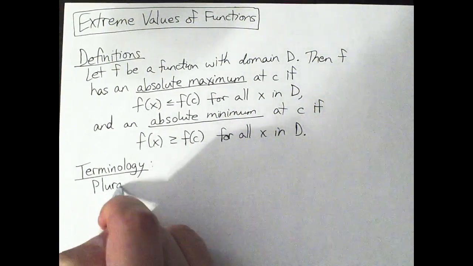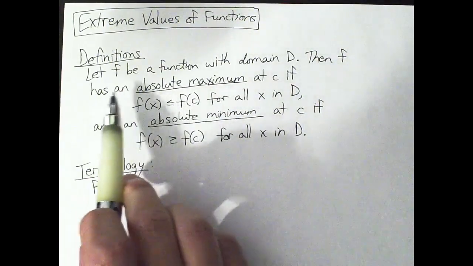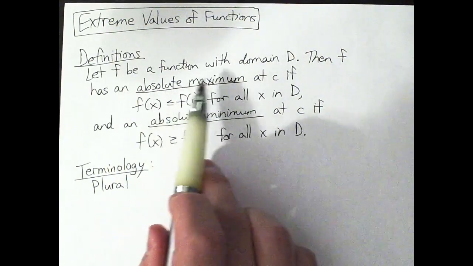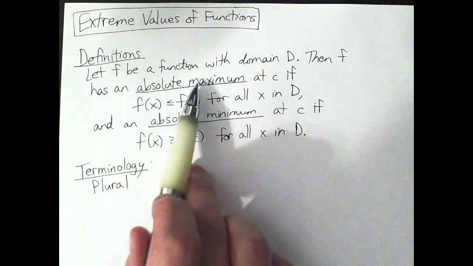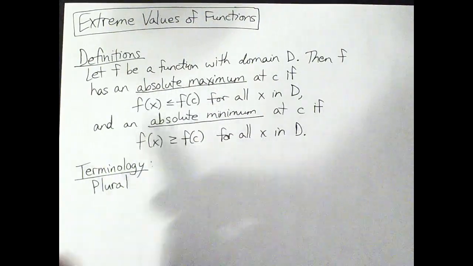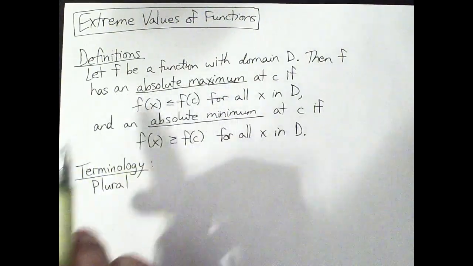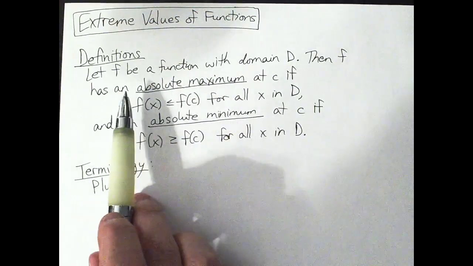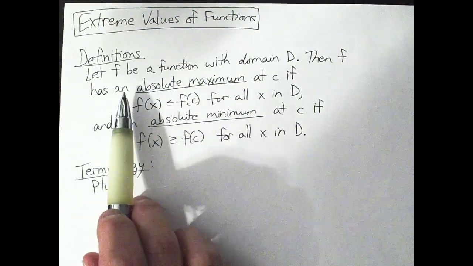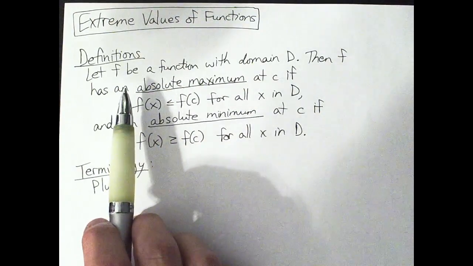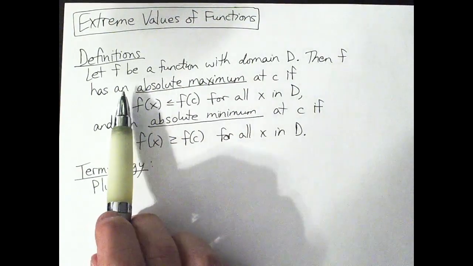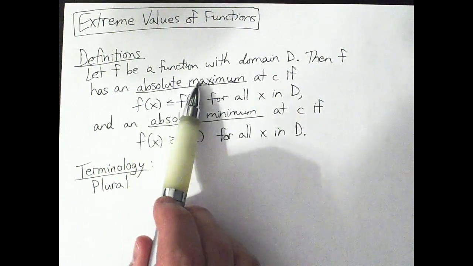Okay, now a little bit of terminology. By the way, notice that this says an absolute maximum, an absolute minimum. It doesn't say the absolute maximum, the absolute minimum, because a function could possibly have more than one. And you might say, well, how can there be more than one greatest value? And the answer is they could be tied, right?